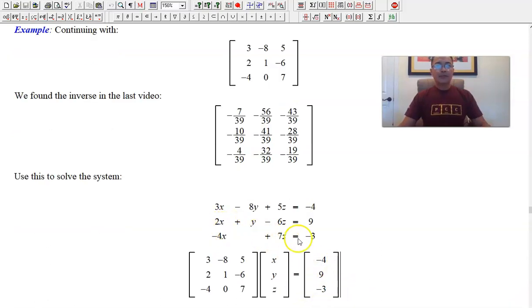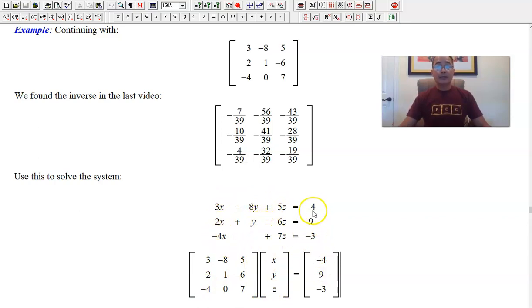Okay, so the first step is to recognize that this system that we have can be written as a matrix product. So again, we have the coefficient matrix, which is exactly the same matrix we were playing with, but now we have the variables x, y, z. So that matrix product is essentially the left side of the system.